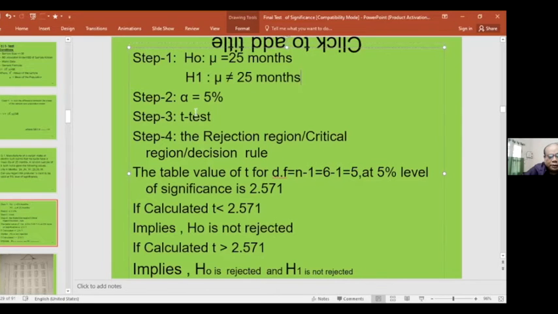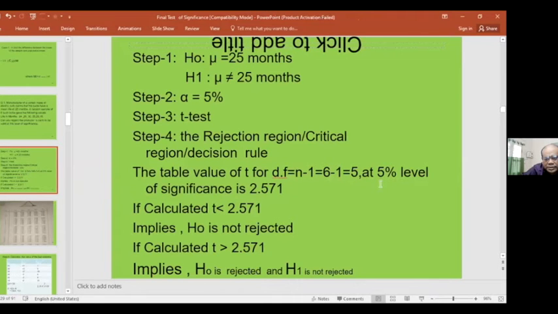Now, the test here is one sample, with a 5% rejection region.